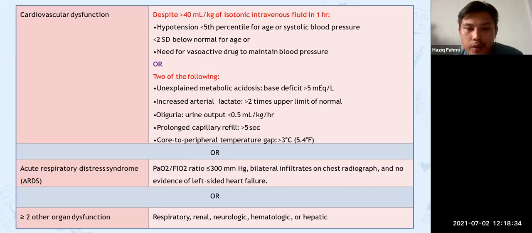For ARDS, it is when the partial oxygen over fraction of oxygen ratio is less than 300 millimeter mercury, bilateral infiltrate on chest radiograph, and no evidence of left-sided heart failure. And at least 2 other organ dysfunction. It includes respiratory, renal, neurological, hematological, or hepatic.